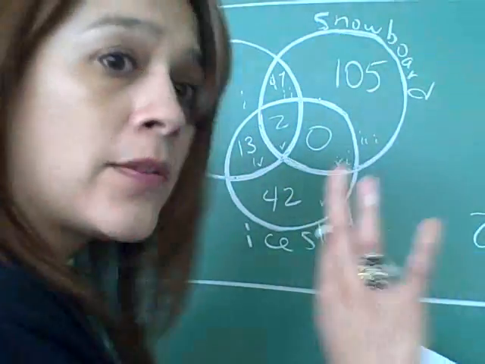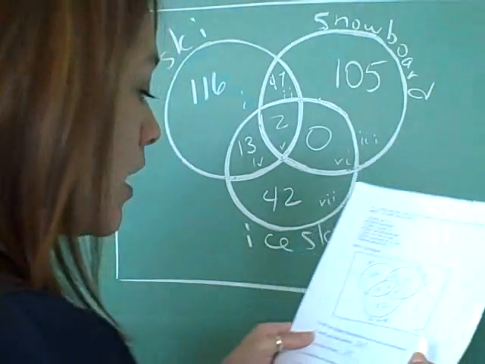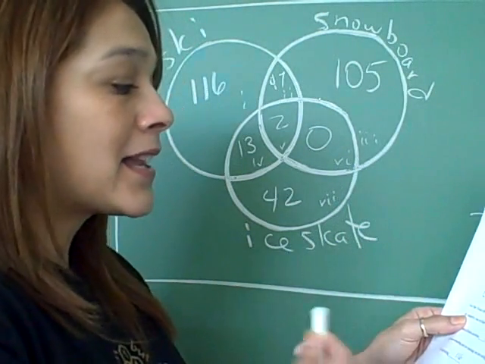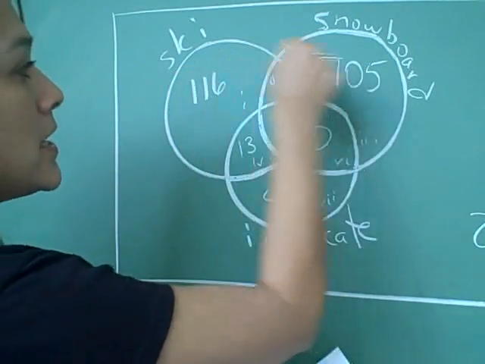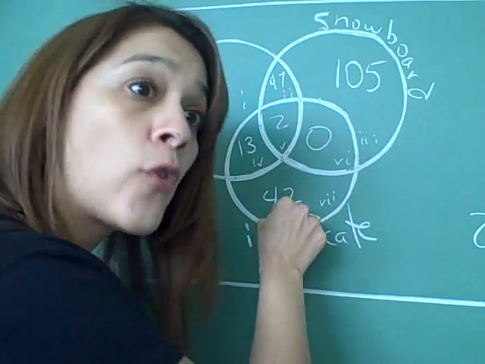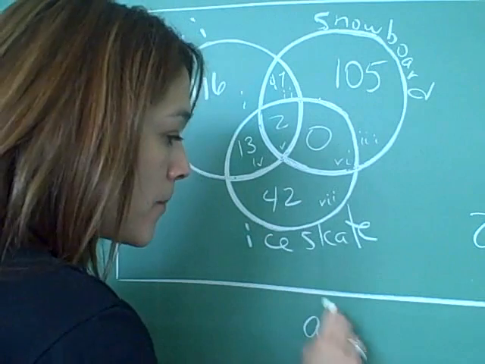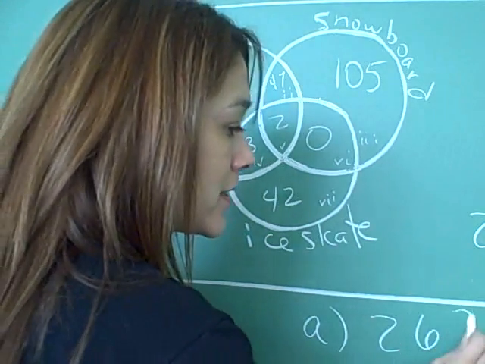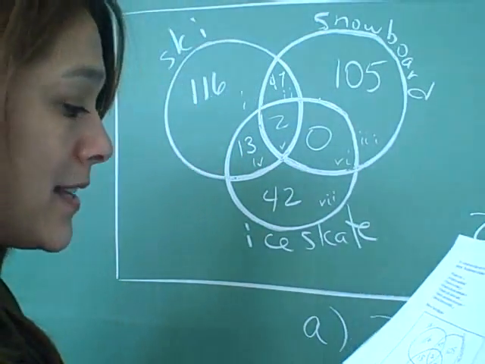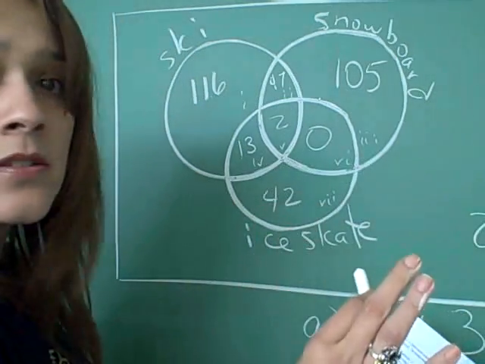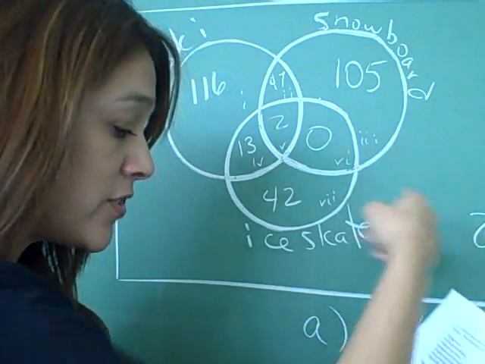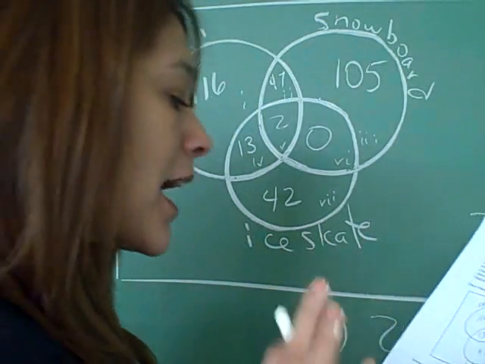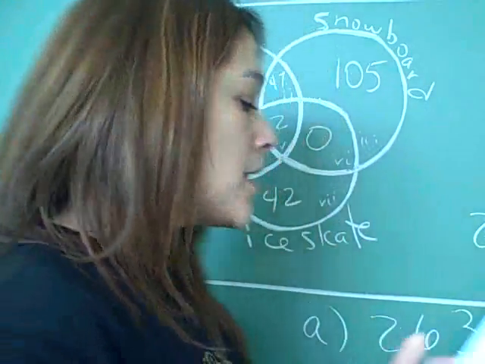And just to give you a brief idea of A, when I say exactly one of these activities, I mean 116, 105, and 42. So A would be 263. When I say none of these activities, well, none of these activities would be 25. For C, snowboarding and ice skating, but not skiing.